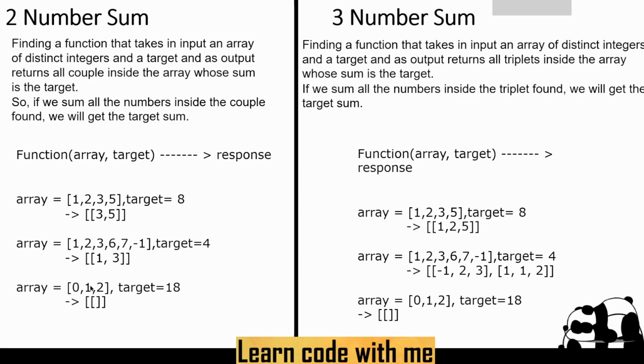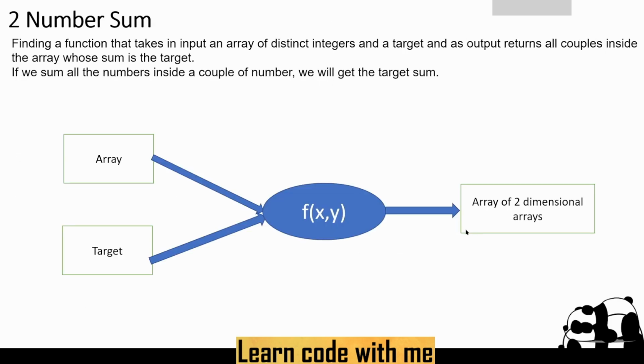We are going to do the same thing with the two-number sum and the three-number sum. The three-number sum is very similar to the two-number sum, but instead of a couple, we have a triple. Here, the only triple that allows me to get the target 8 is 1, 2, 5.